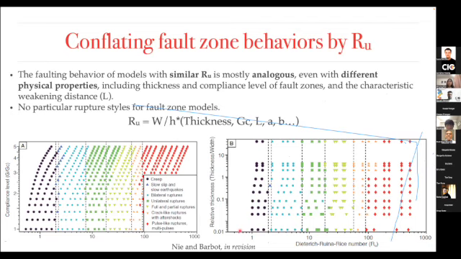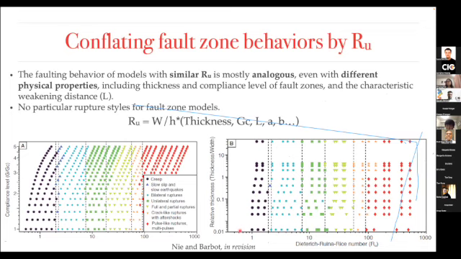Interestingly, we didn't find any special rupture styles for the fault zone in our model. I assume it might be caused by the quasi-dynamic approach, which ignores the seismic waves. In the real world, fault zones can actually produce a lot of special things like seismic phases, like head waves or trapped waves. And these can potentially interact with the fault dynamics and cause different complexities, like, I don't know, alternation of hypocenters.